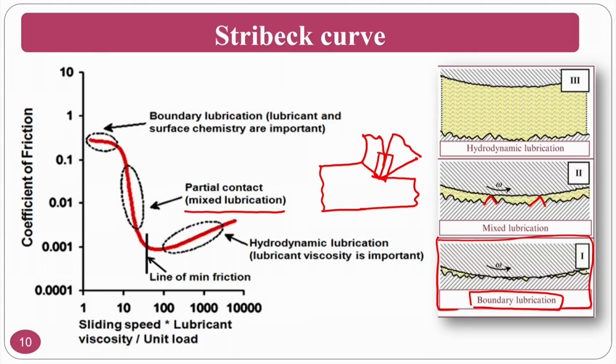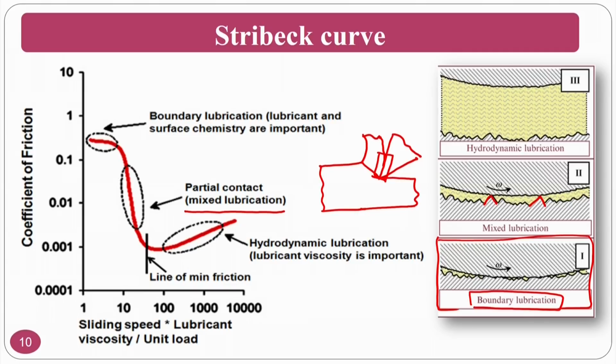The high peaks of the tool surface roughness will have contact, and in the remaining portion you will have a thin film of lubricating layer. Since you have contact of lubricant with both surfaces and at the same time big asperities, it is called mixed lubrication: asperities plus lubricant.